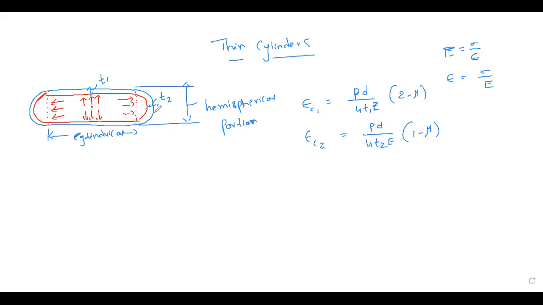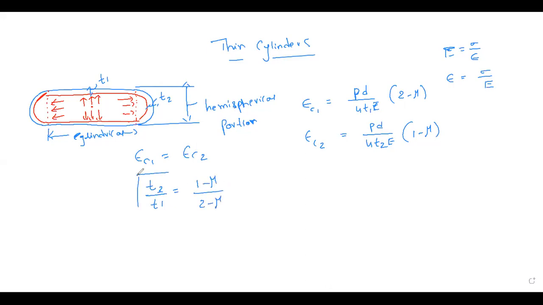So when there is no distortion, we can consider the strains in the cylindrical portion to be equal to the strains in the longitudinal portion. By equating these two, you are going to get T2 by T1 as 1 minus mu by 2 minus mu.